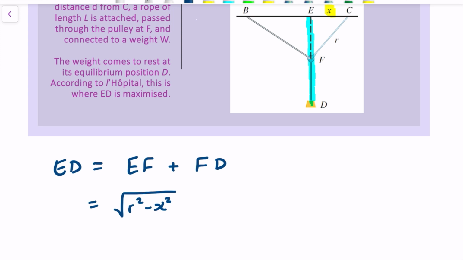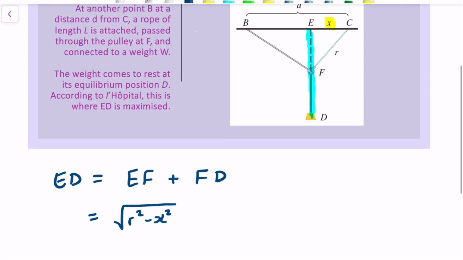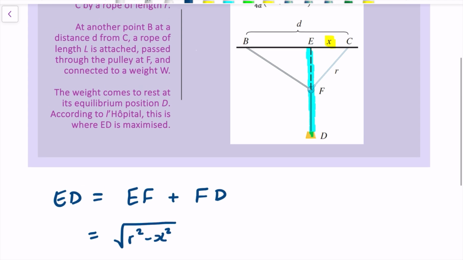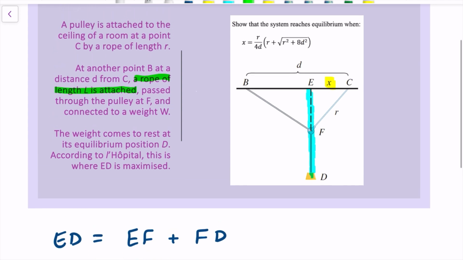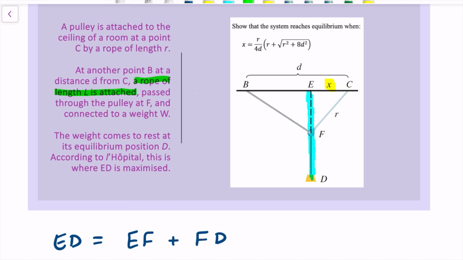And then the length FD, well, we're told in the problem a rope of length L is attached. So the length here adds up to L, and we can use Pythagoras again on the triangle on the left hand side to find BF, because remember that this here was the square root of r squared minus x squared.